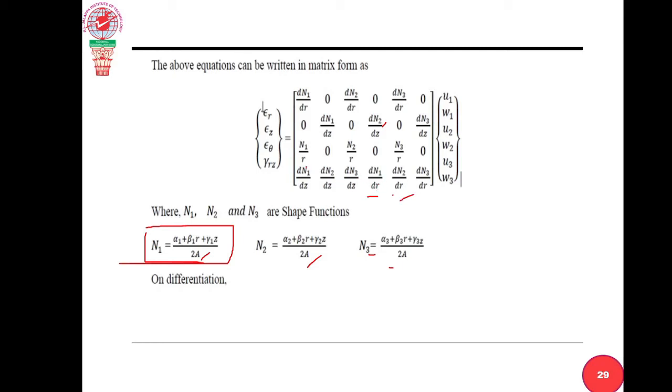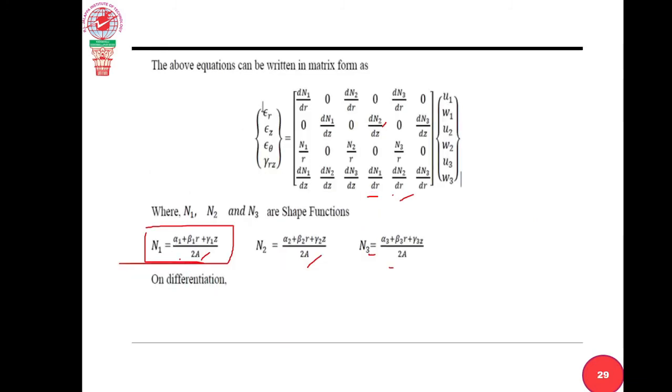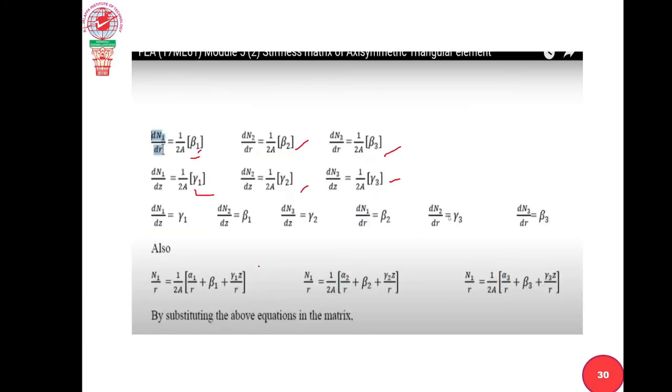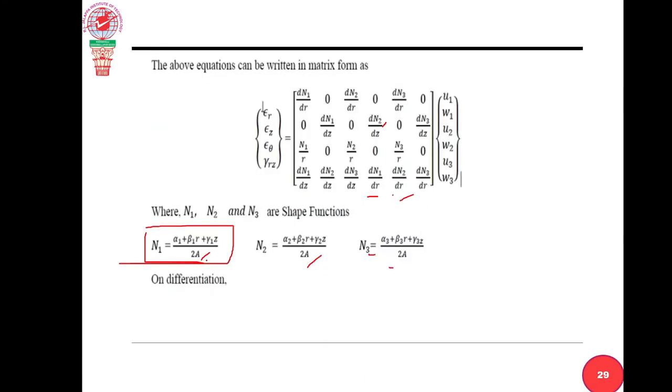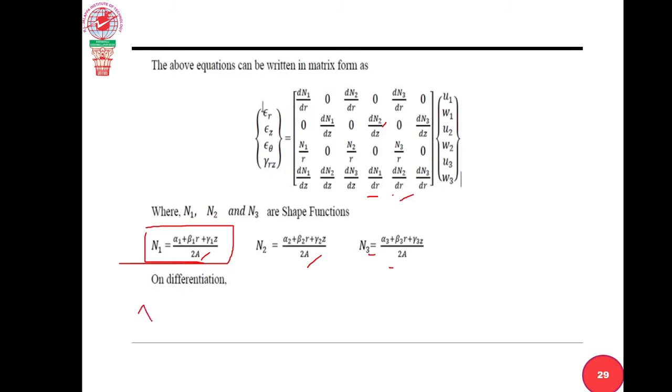Okay, now N1 by r. What is N1? This is N1 divided by r. Therefore, 1 by r I multiply inside. Therefore, what happened? Alpha 1 divided by r plus beta 1 r divided by r, the r gets cancelled. Correct?